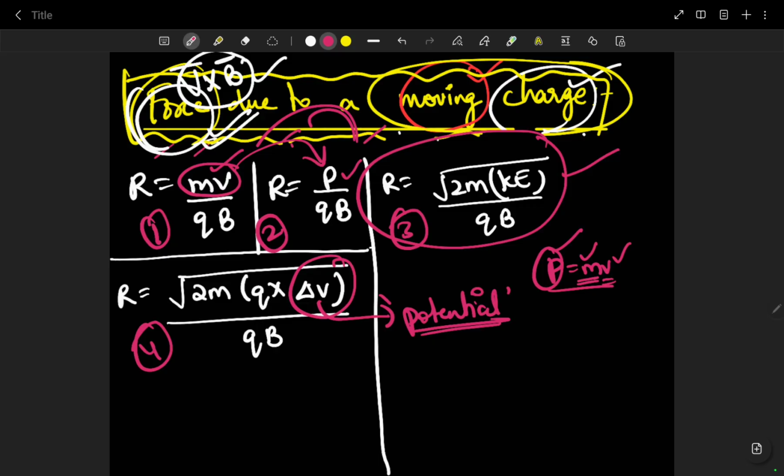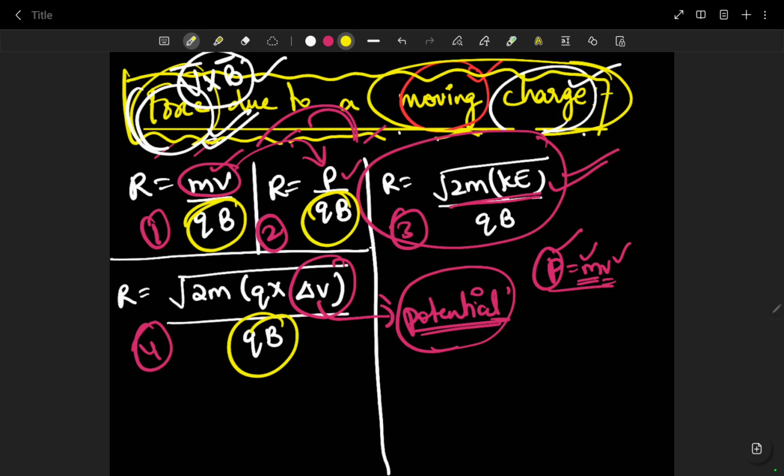So 4 different formulas: R is equal to mv by qB, R is equal to p by qB, R is equal to under root 2m into KE, that is kinetic energy, divided by qB. R is equal to under root 2m q into del V divided by qB. Del V is potential, it's necessarily potential difference, chapter number 2 electrostatics, that is the potential and capacitance chapter, right? So overall you can see that the denominators are the same, qB itself.